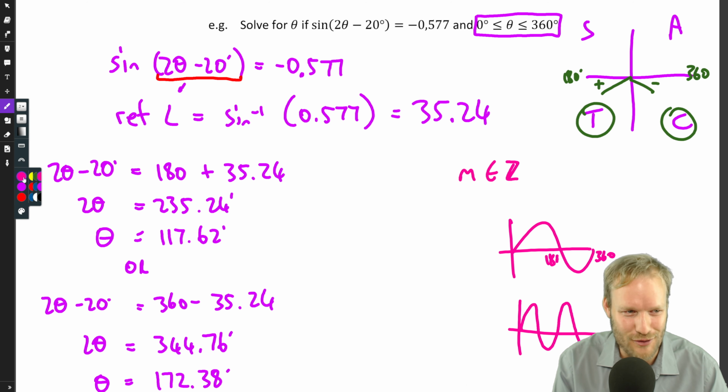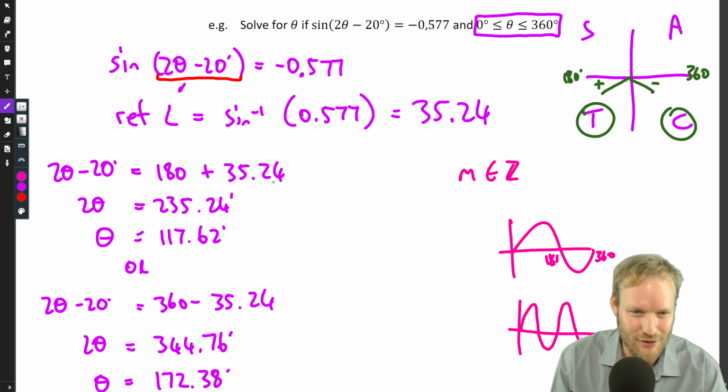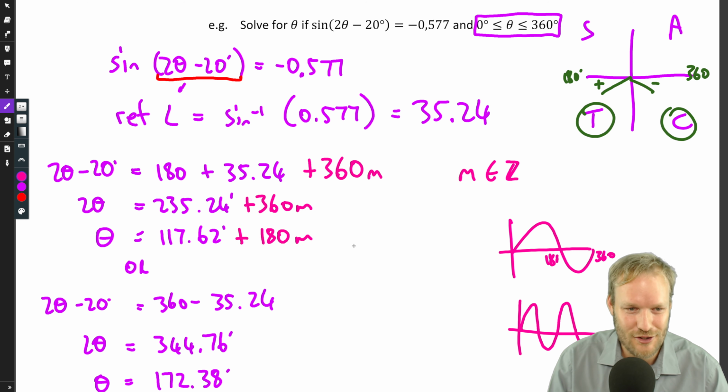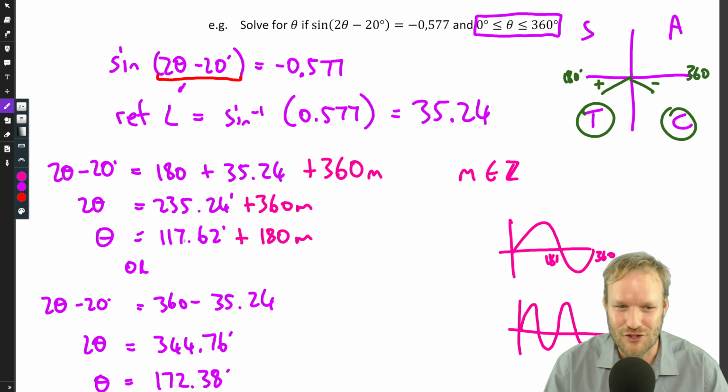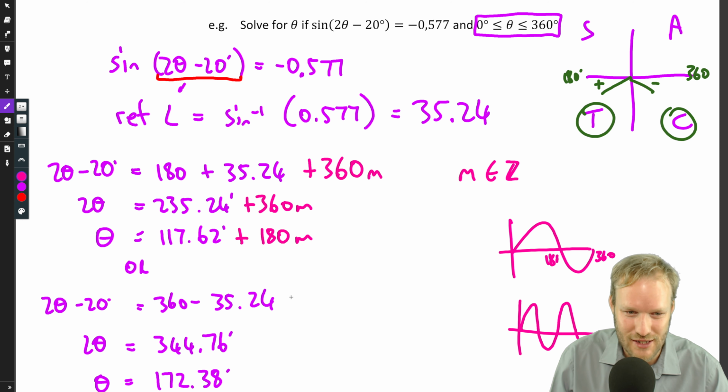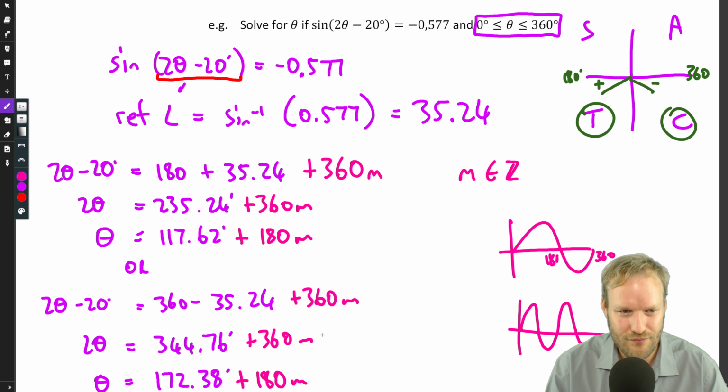So if we added another 180 to 117, would we have another solution between 0 and 360? And the same over here. If we looked at our general solution and said plus 360m, that's still plus 360m, and this would be minus 180m. If we added another 180 to 172, would we have another solution? I think we would. Well, I'll leave that one to you.